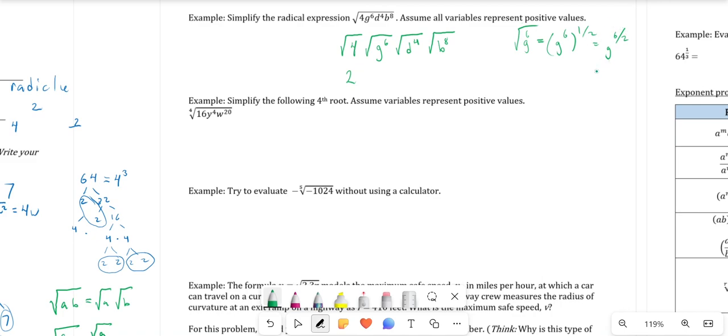The product of 6 and 1/2 is 6 divided by 2. That's 3. And so here we would wind up with g to the third. And this perhaps gives us a way of interpreting what would happen with each one of these. We're just going to divide it by 2. So d to the second is what I'd get here, and b to the fourth is what I would get here.